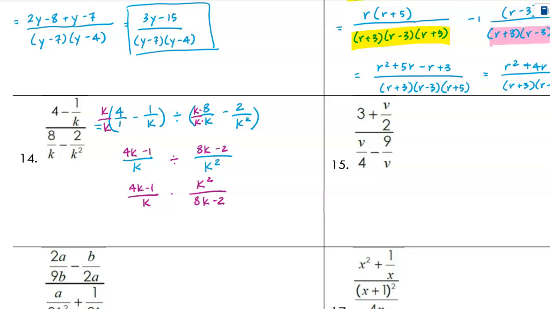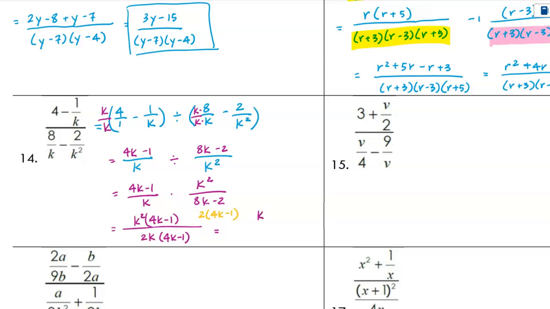Now we can make that one big fraction. Okay, 4k minus 1 times k squared. Clean it up a little bit. And then we could take a 2 out of here. So I'll end up with a 4k minus 1. So clean up the factors. So we have a 2k and a 4k minus 1. So you end up with a, we need to simplify.